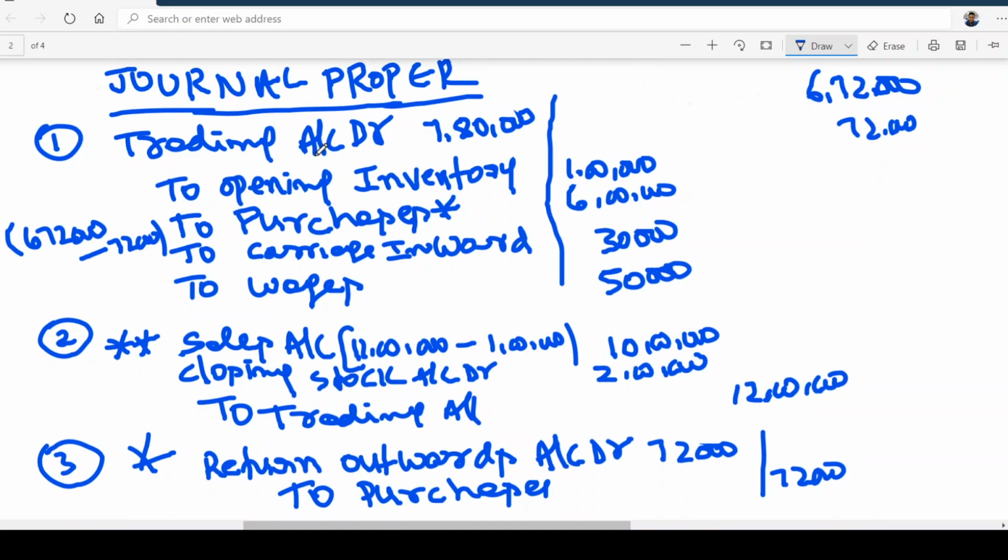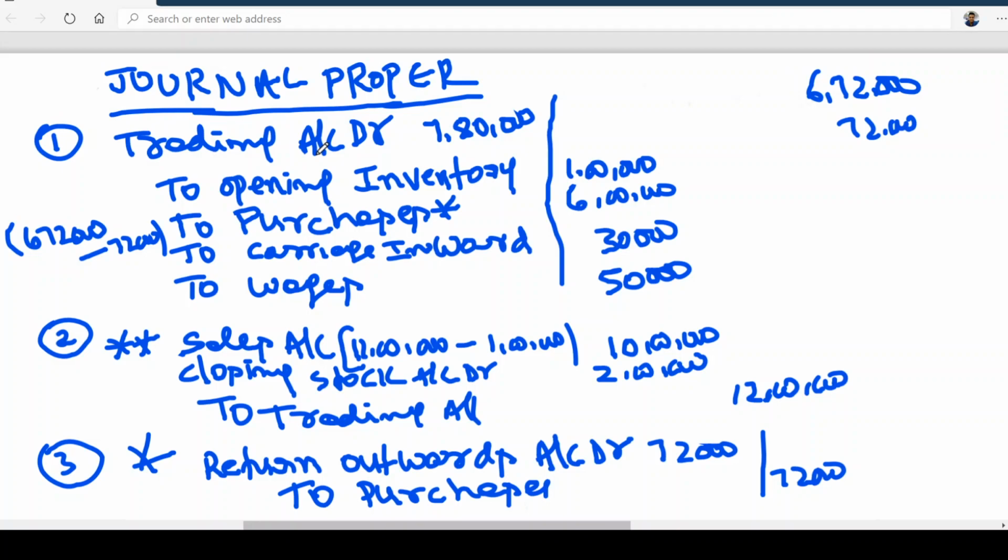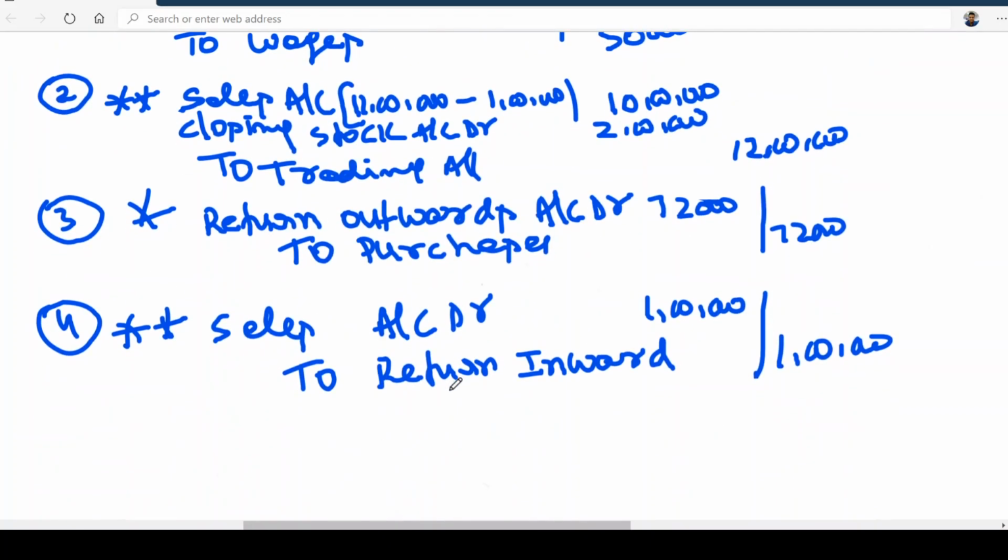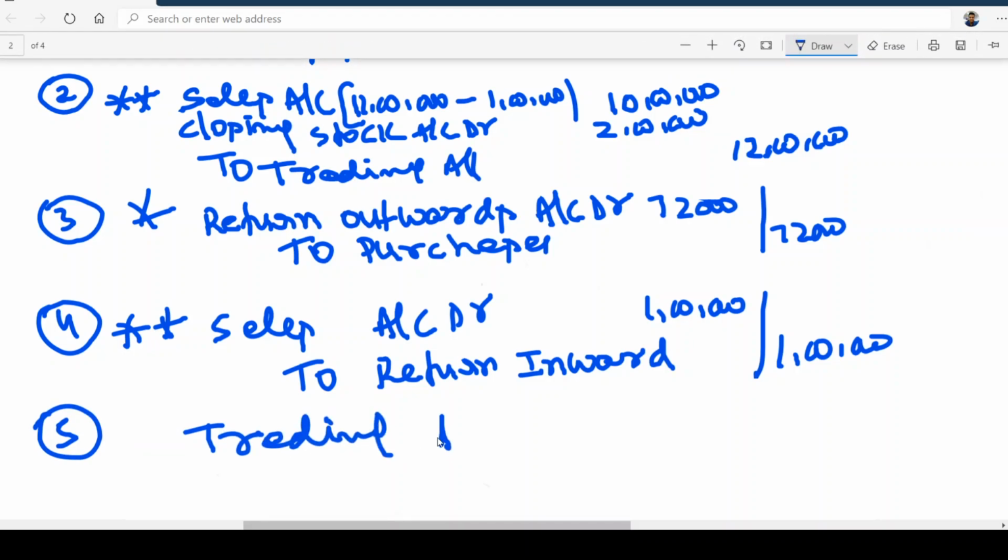In general, we write closing entries. Whatever items we show on the debit side will be debited to the trading account, and whatever items we show on the credit side will be credited. We can also write the entry for gross profit. What is the entry for gross profit? Trading account debit to profit and loss account.